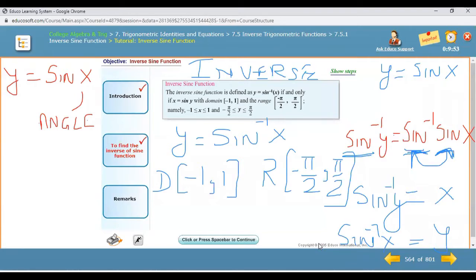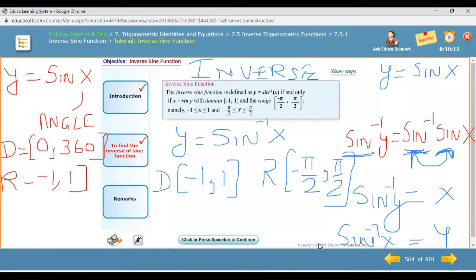So in this case, what was the domain? The domain is actually all real numbers, and the range was -1 to +1. Anything can be the angle. Angle can be 0, 30, 50, 60, 360, 270, anything. Domain is actually all real numbers.